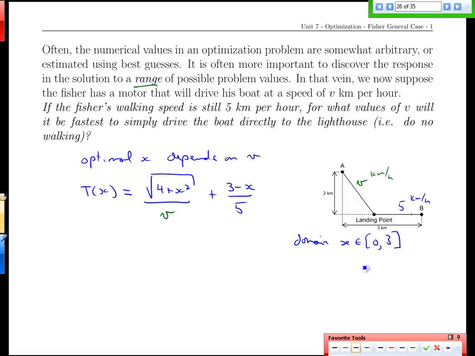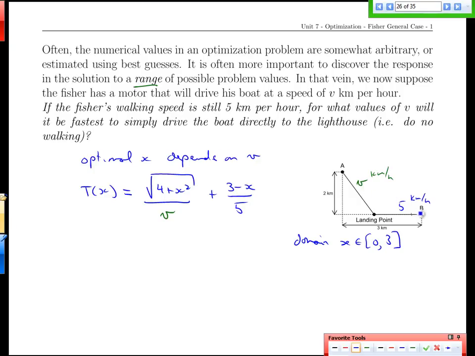This takes a little mental gymnastics, so follow along as best you can. What we want to find is a v. You can imagine as we gradually increase the speed, the optimal landing point is going to move further and further towards the lighthouse.